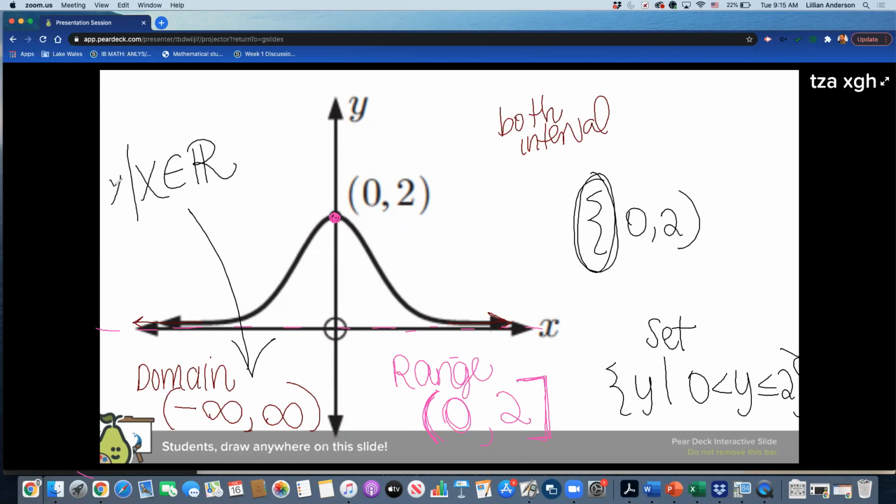So x, the set of x values, says that x is an element of all real numbers. That's how you write that in set notation. But infinities, parentheses, brackets, they go with interval notation. You cannot mix them like this. You can mix parentheses and brackets, but you can't mix curly brackets with parentheses.